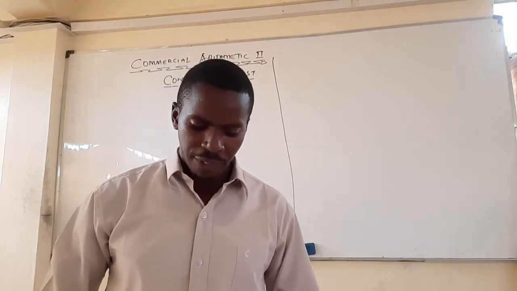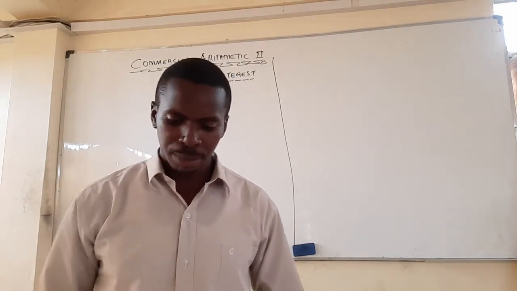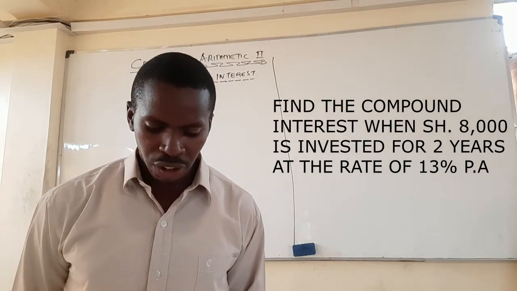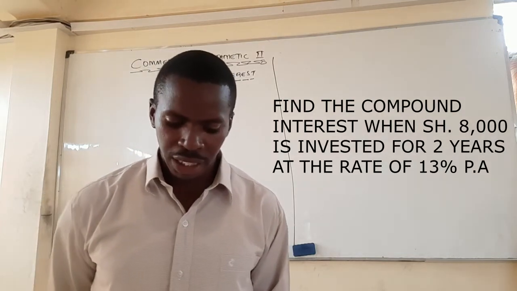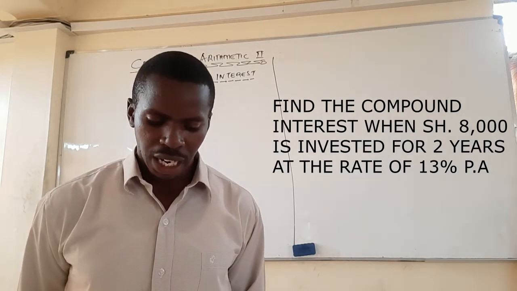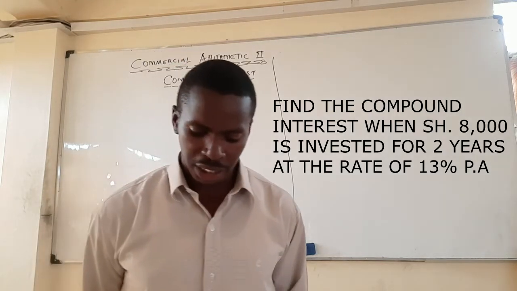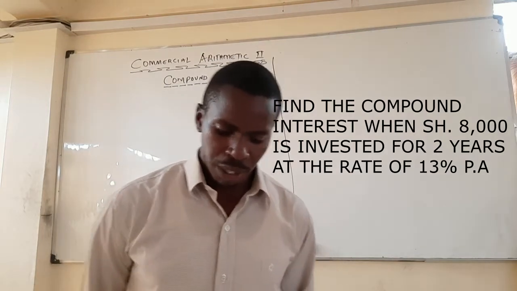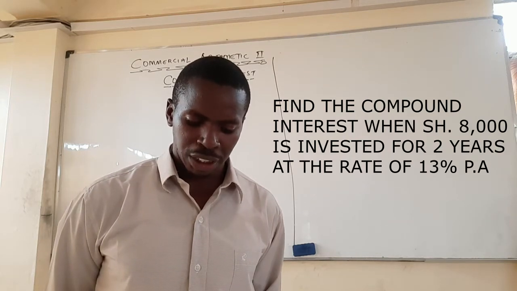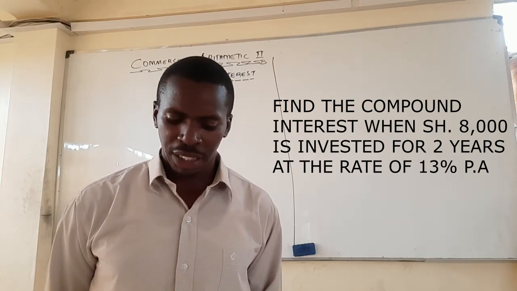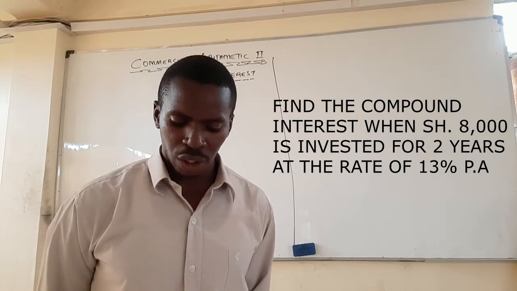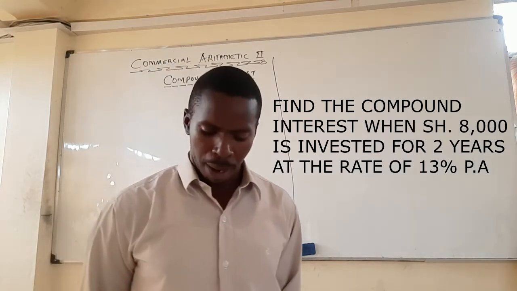Let's have an example. Example 1 here. Find the compound interest when 8,000 is invested for 2 years at the rate of 13% per annum.